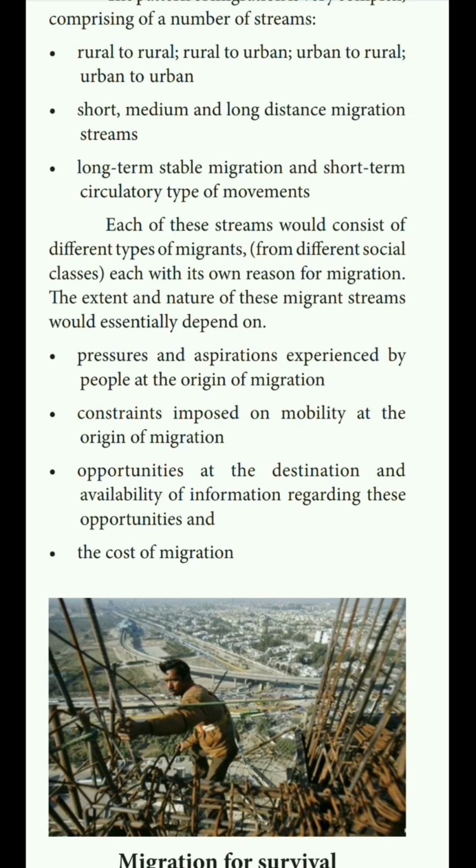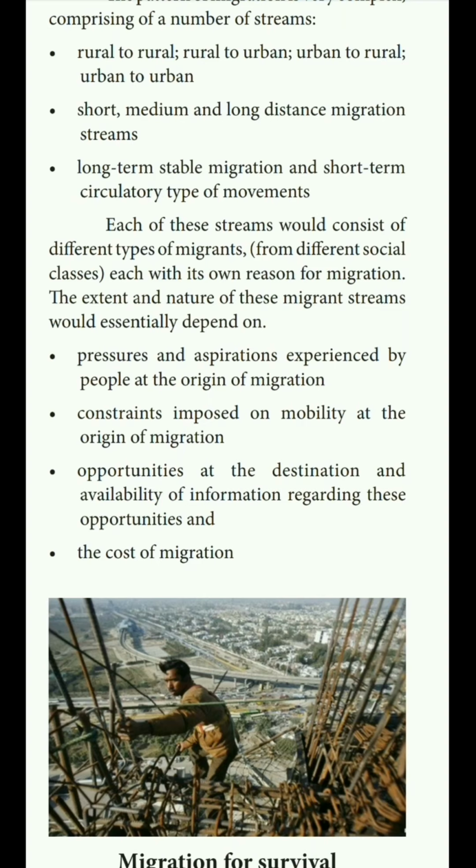Next, opportunities at the destination and availability of information regarding these opportunities. They have some opportunity to go to foreign countries or any other countries to get a good job also. They have the opportunity. Next, the cost of migration. Due to the cost also they migrate.